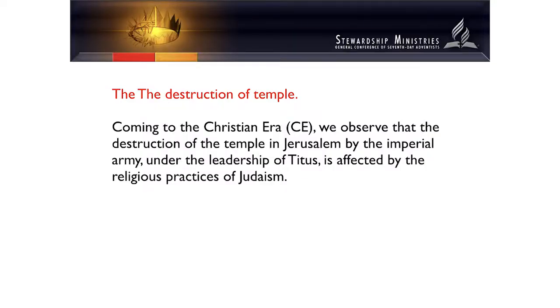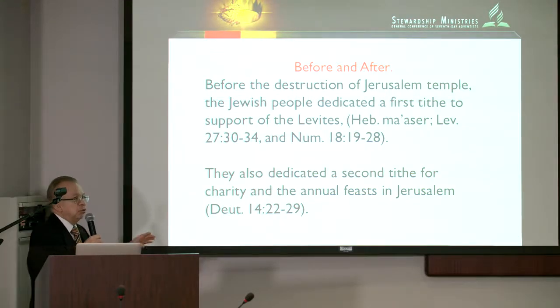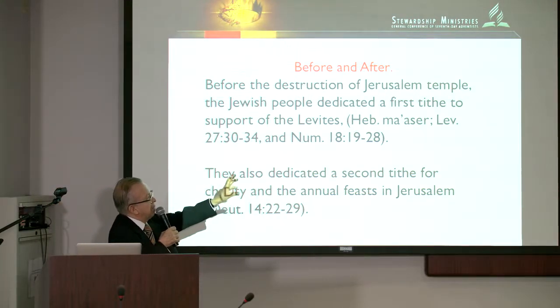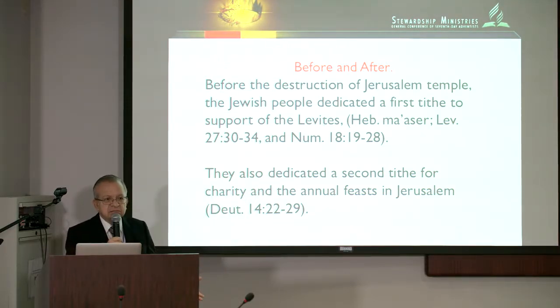Coming to the Christian era, we observe that the destruction of the temple in Jerusalem by the imperial army under the leadership of Titus affected the religious practices of Judaism. Before the destruction of the Jerusalem temple, the Jewish people dedicated a first tithe to support the Levites. In Hebrew, the word is maser, and maser means only 10%.